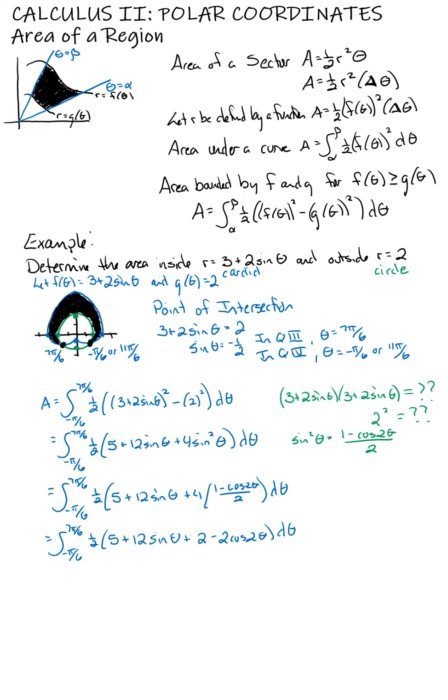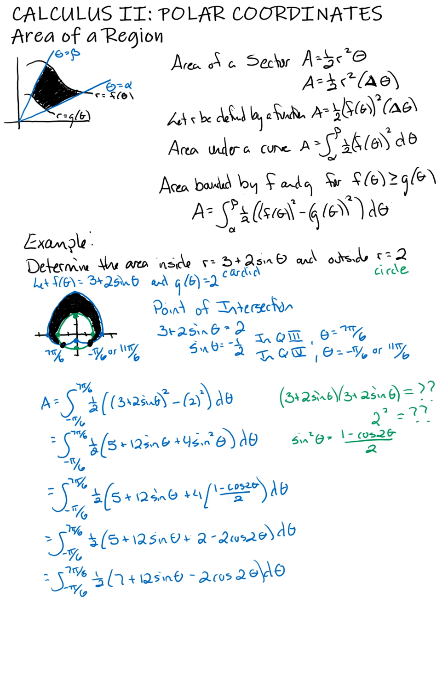Which means we can go ahead and combine that 5 and the 2. So we have, one more time, let's write it out, and then we'll take the integral on the next step. 1/2 times 7 plus 12 sine theta minus 2 cosine 2 theta d theta.